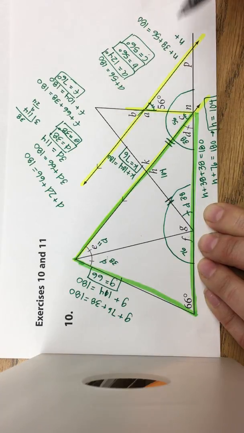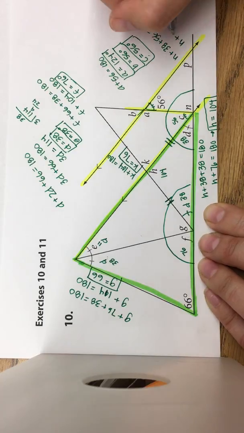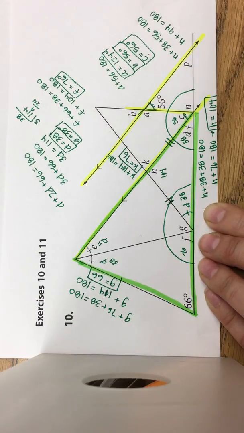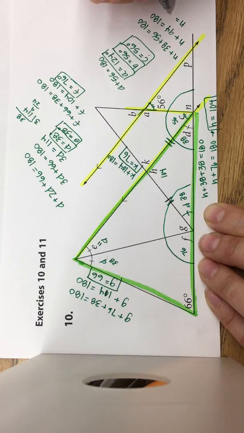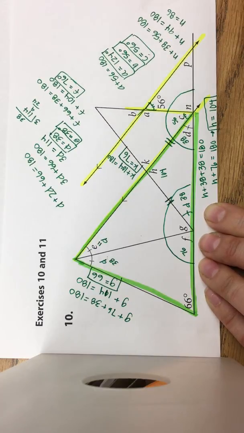So N plus, add these two together, we have 80 plus 14, so 94 equals 180. Subtract 94 from both sides, and I get N is equal to 86.